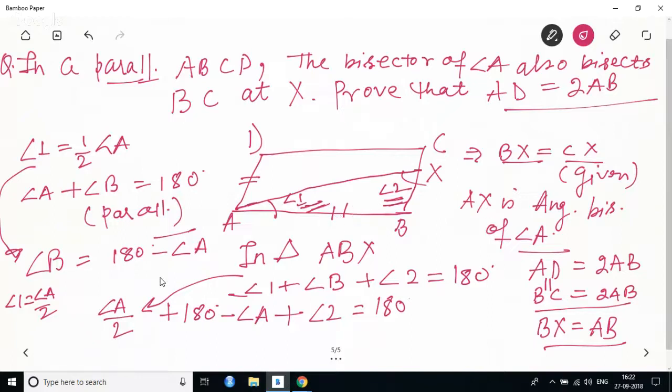That is why till now I have been trying to find out the relationship between angle 1 and angle 2.